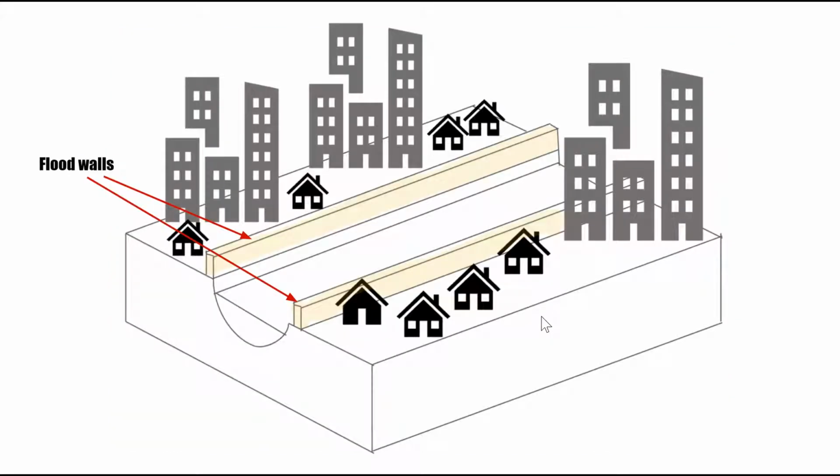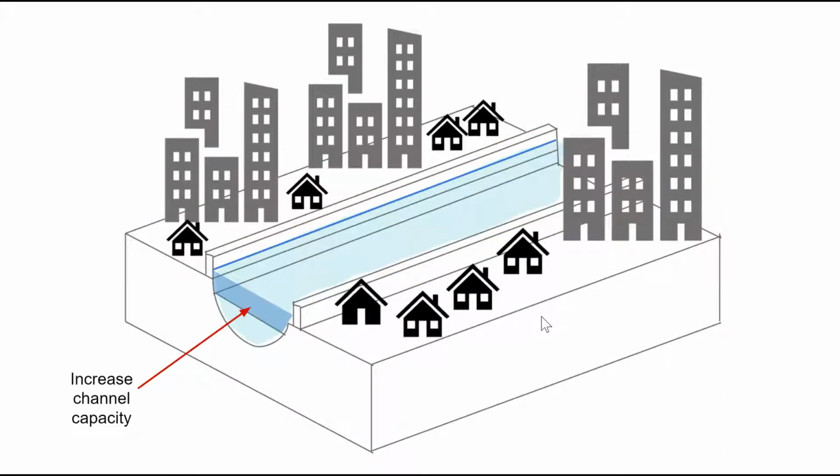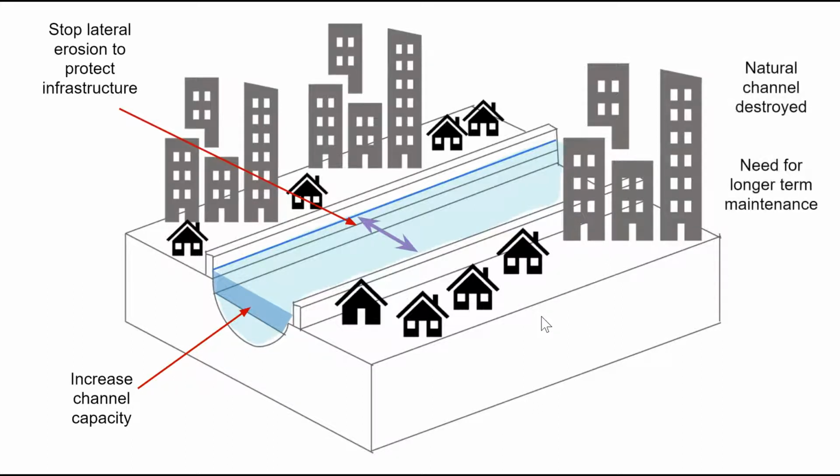Okay, so time for your diagram. This is a diagram that you'll be doing at the bottom of your book. The idea behind this, as you can see here, is that the flood walls are built at the edge of the river, and the flood walls then are designed to increase capacity. So there you go, greater capacity in the river, it can hold more, and it's also designed to stop lateral erosion and protect the infrastructure.